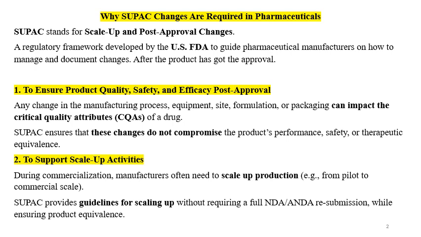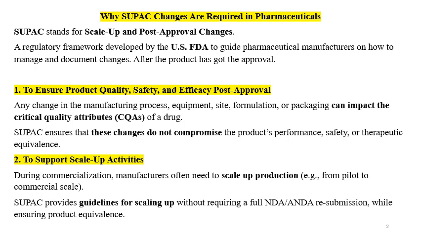Now see the reasons behind SUPAC changes. So first is to ensure product quality, safety and efficacy post approval. Any change in manufacturing process, equipment, manufacturing site, formulation or packaging can impact the critical quality attributes, that is CQAs of the drug product.